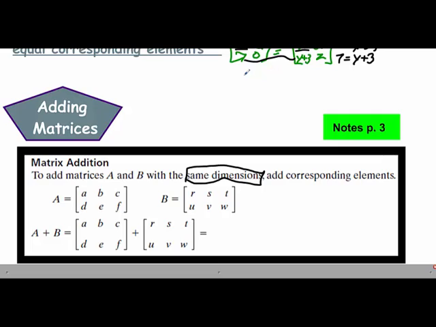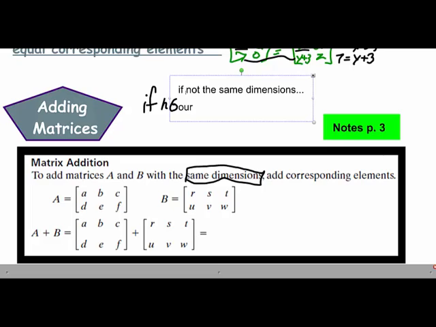If they don't have the same dimensions, our answer or our solution is not possible.